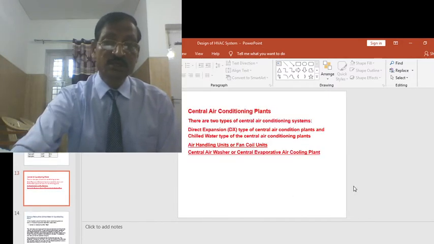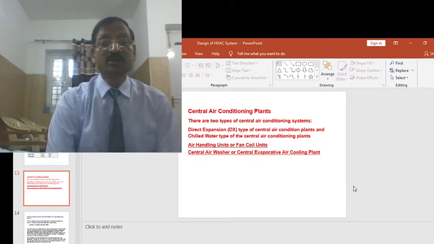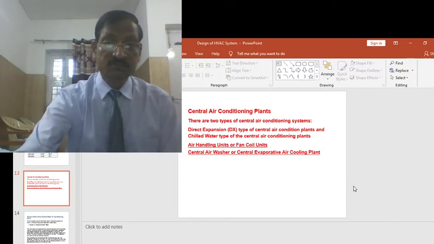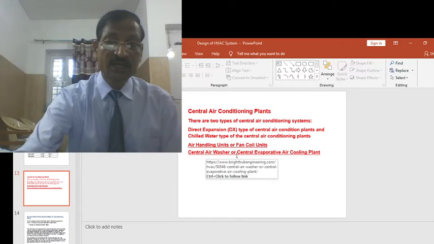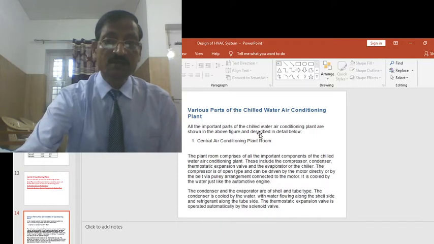Central air conditioning plant. There are two types of central air conditioning system. One is a DX type and the second is a chilled water system, flooded type. And air handling units, fan coil units, central air washer, central evaporator and central cooling plant. Various parts of chilled water air conditioning system.